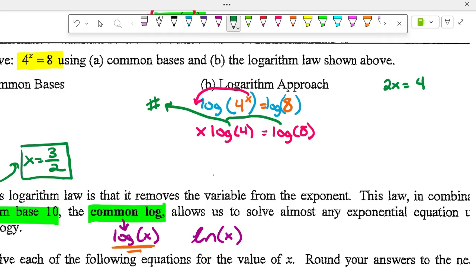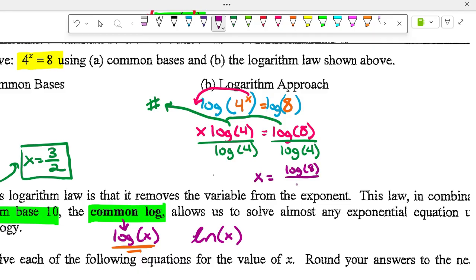What you just told me that you do for the other one? You divide. So we're going to divide both sides by the log of 4. So that means x is equal to the log of 8 divided by the log of 4.